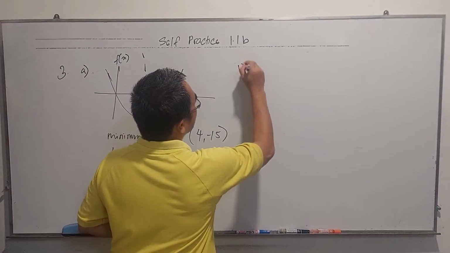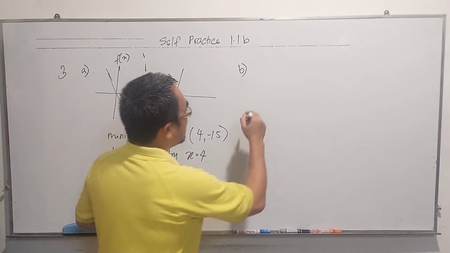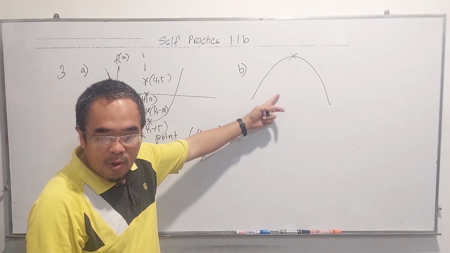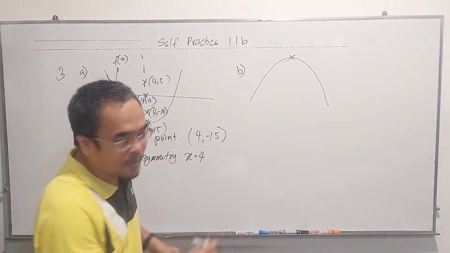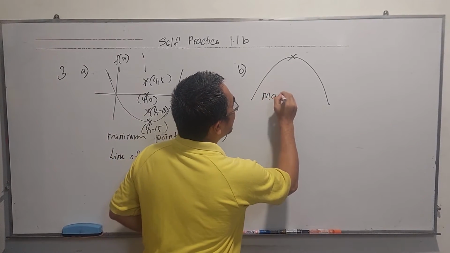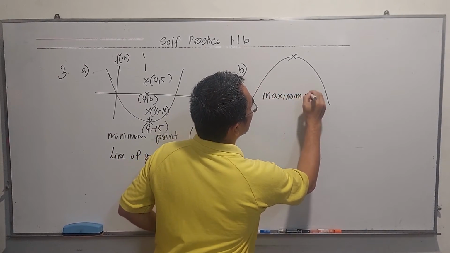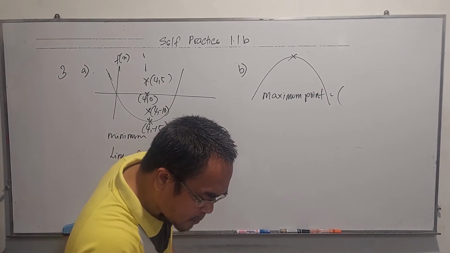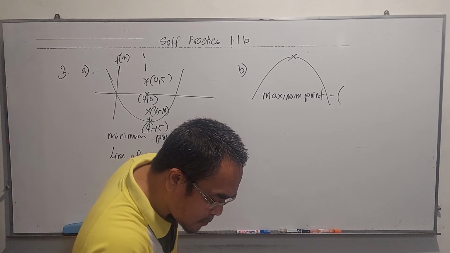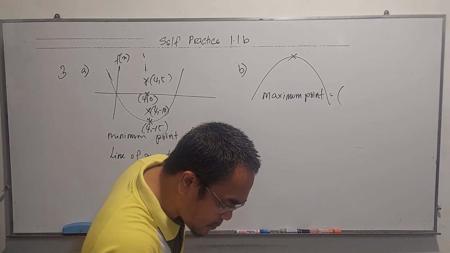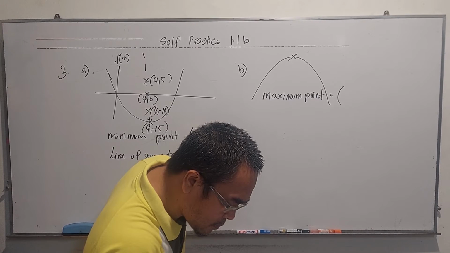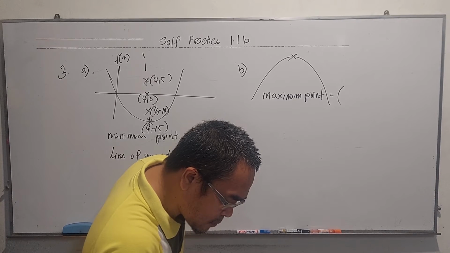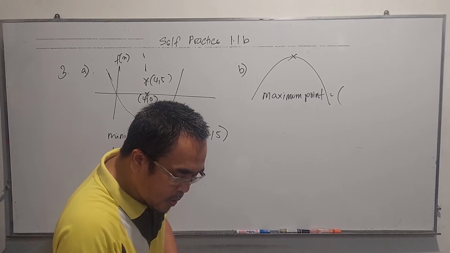Alright, so look at figure B. So it's called what? Minimum or maximum point? Maximum. So what is the maximum point? Three.